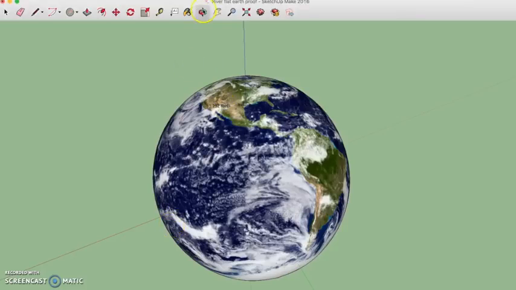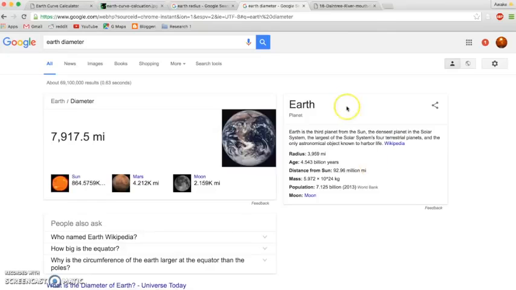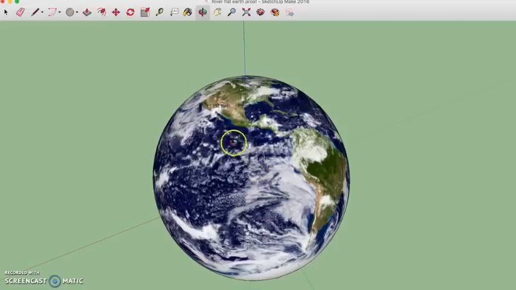So to help you visualize this, I've got a model for us to look at. This model is relatively to scale. To give you an idea, the Earth's diameter, according to Google, is 7,917 miles, and this is scaled so that it's 7,917 feet.